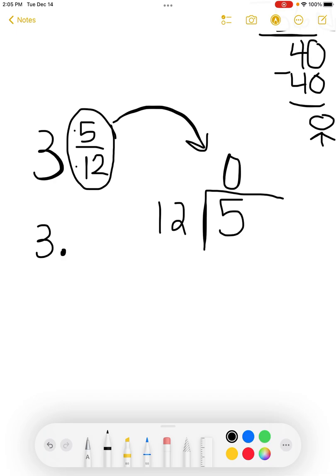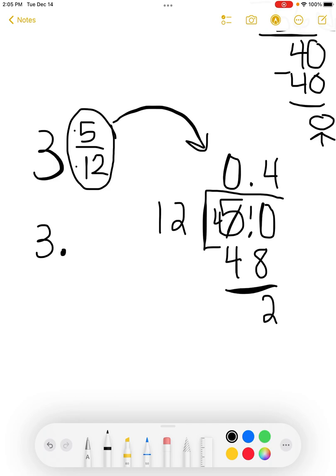12 cannot go into 5, so we're going to add our decimal and 0. 12 can go into 50 4 times without going over. That's 48. I set that below to subtract. I get 2. Continue my problem. Add another 0 and bring it down. 12 goes into 20 1 time without going over.